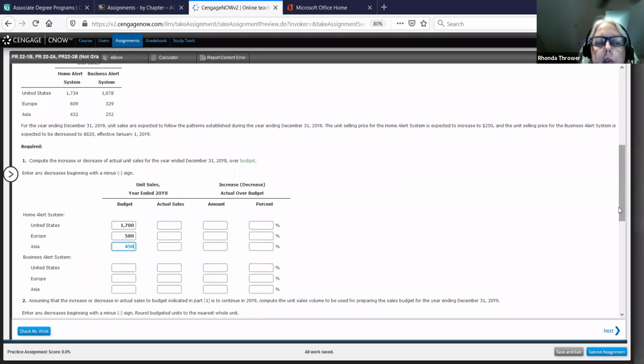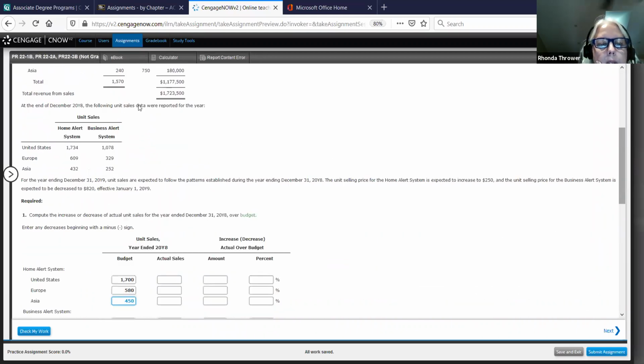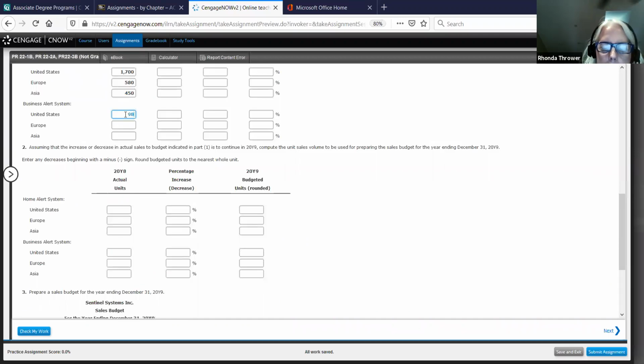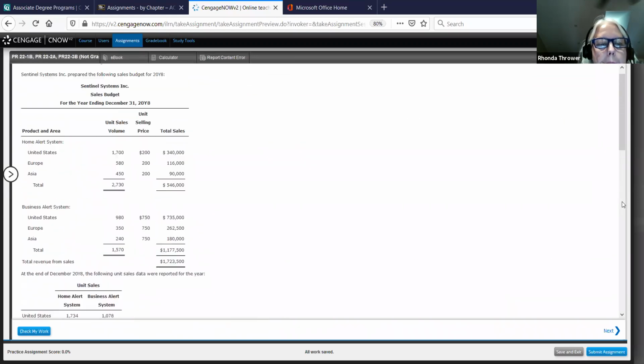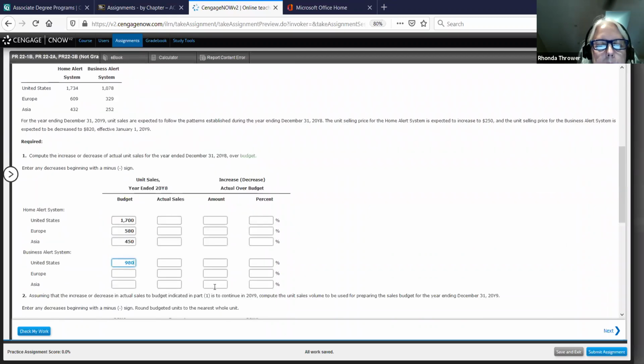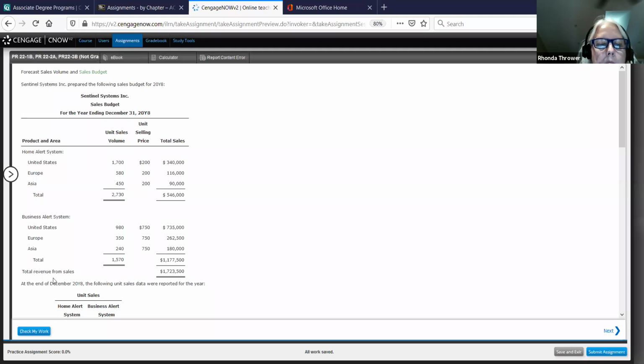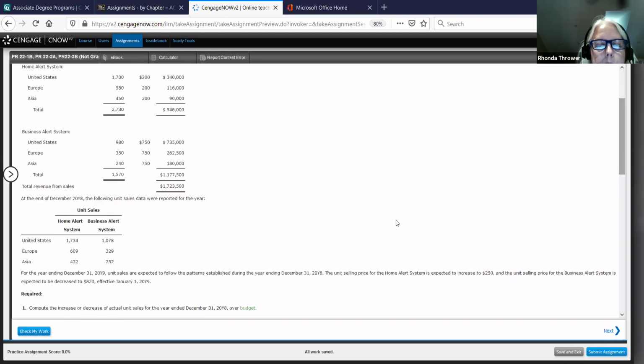And for the business alert systems, we're picking up the budgeted amounts, which was 980 for the United States. And 350 for Europe. And 240 for Asia.